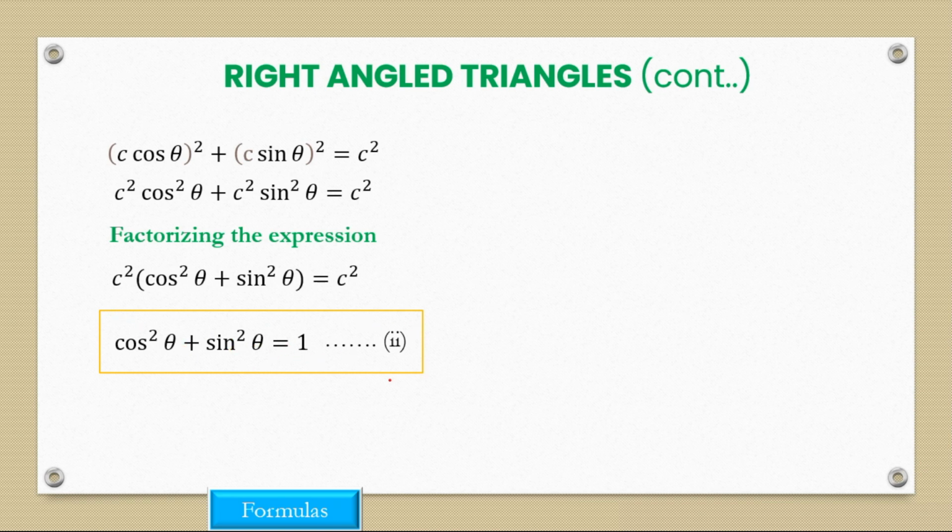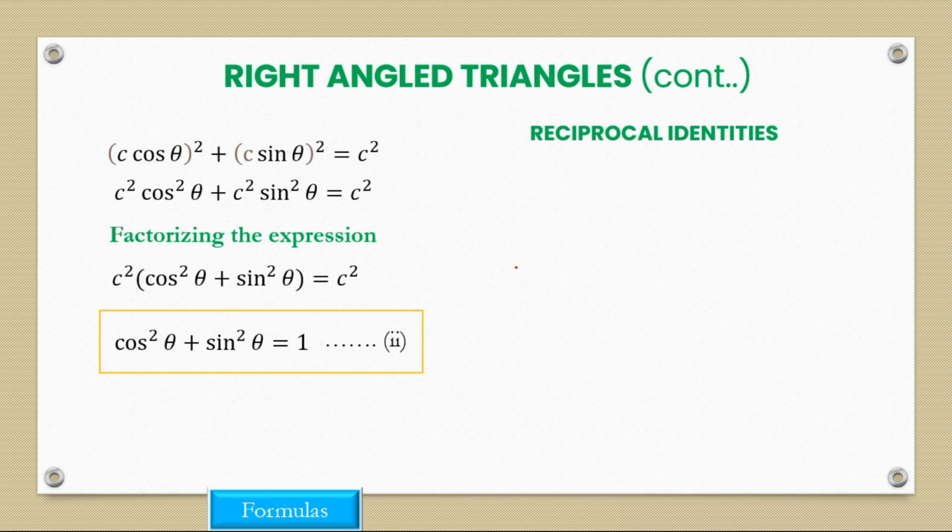So this is the very first equation that we derived. This becomes a true statement that cos squared theta plus sine squared theta is equal to 1. I encourage you to memorize this because it will be very helpful in all the different things. It's going to be a basic important expression as we work in trigonometry.